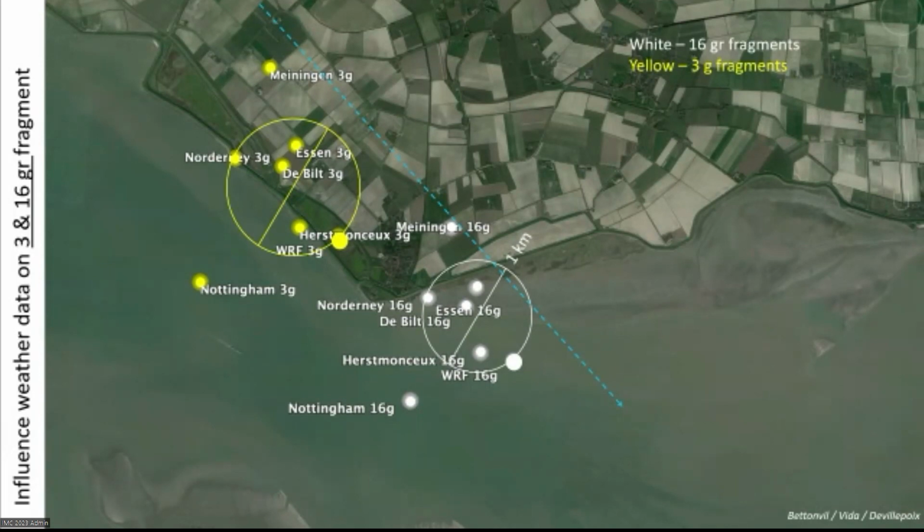You see immediately there is a variation, so it depends which data set you take. You see also that if the fragment is smaller, the differences are bigger. It's clear. A smaller fragment slows down earlier, it travels longer in the atmosphere, so the wind has more grip on it.